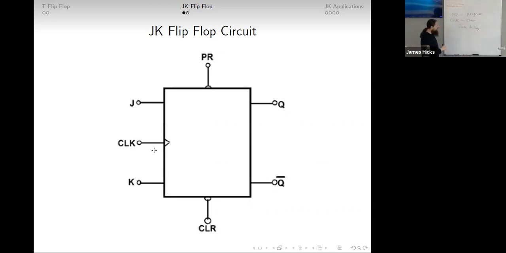That's named after Jack Kilby. There's your J, K. He was the guy that had a big hand in inventing the integrated circuit. So basically, he built a thing that had multiple transistors integrated into it, not too long after the transistor was developed.